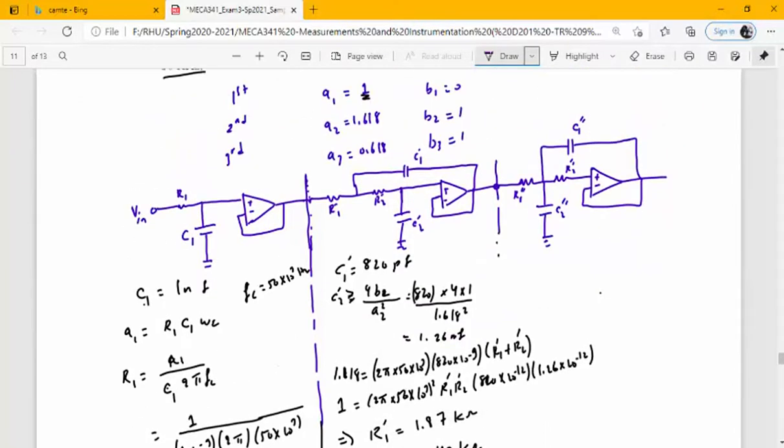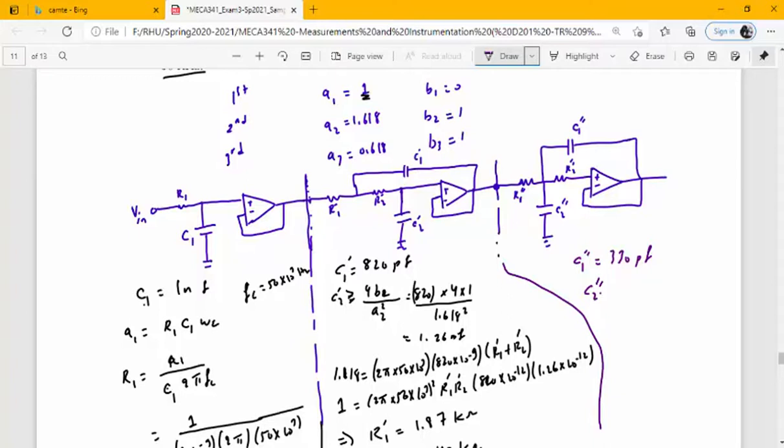Now let's solve for the last filter. The same way we did on the second filter, we will be doing on the third filter. We will assume C1 double prime, solve for C2, for instance, take C1 double prime equal to 330 picofarad. You should be able to verify C2 double prime using this equation.